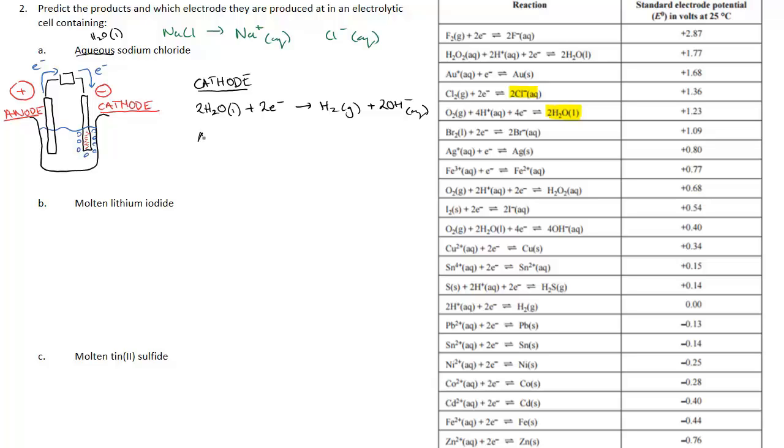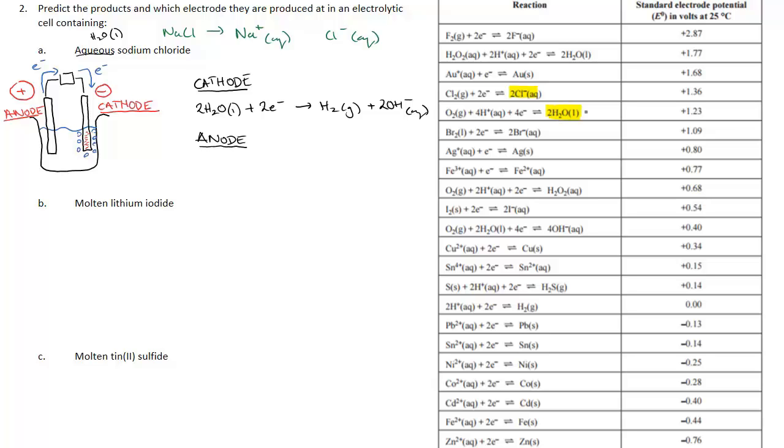Next we need the anode. The anode is where electrons are being removed. It's actually easier to remove water's electrons rather than chloride's electrons, because chloride is slightly higher up on the electrochemical series. Chloride ions are not as strong a reductant as water is.